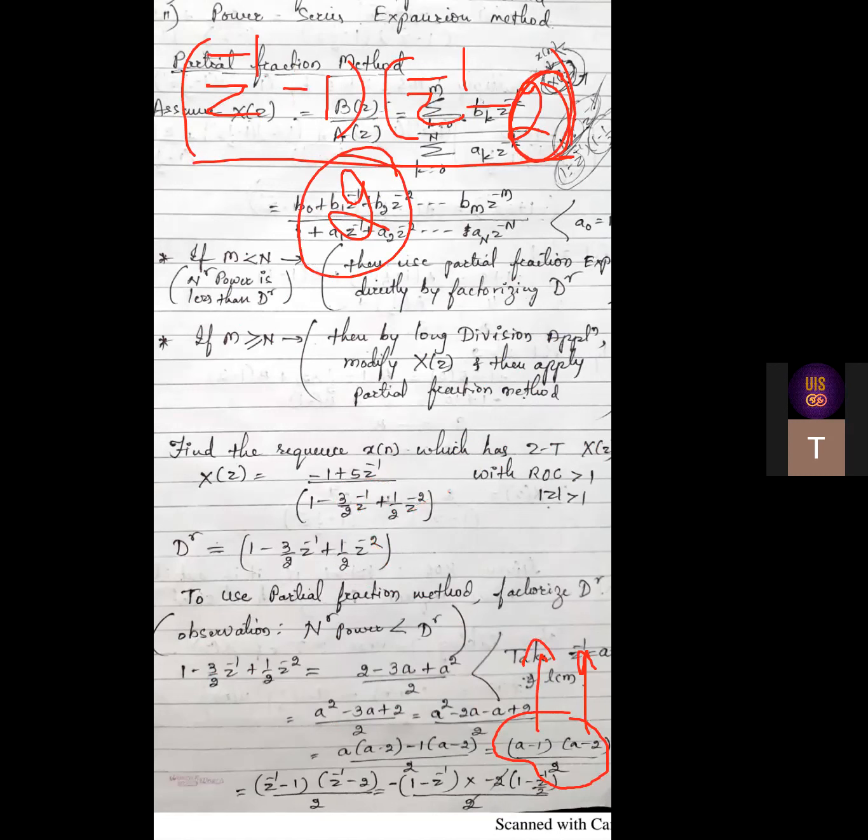Just take 2 common. First bracket, don't touch it. Instead of putting z inverse minus 1, I will take minus common. First bracket will be 1 minus z inverse. Just reverse, okay? Because we want 1 minus kind of bracket. And this is over first term. Now in the second term, what I'll do, I'll take minus 2 common.